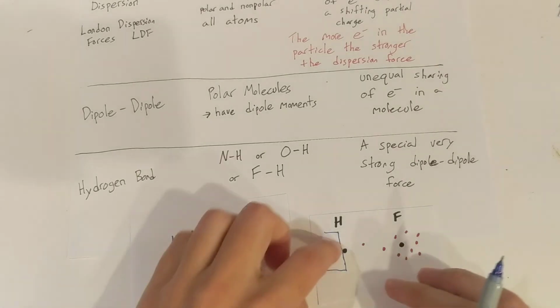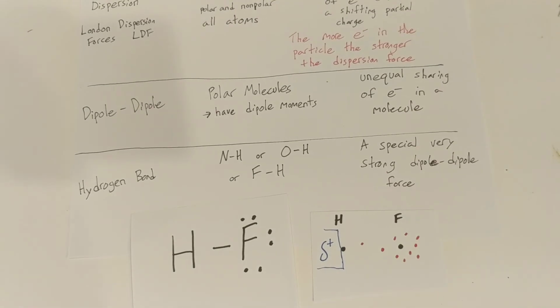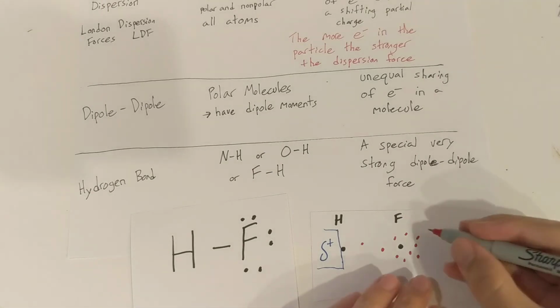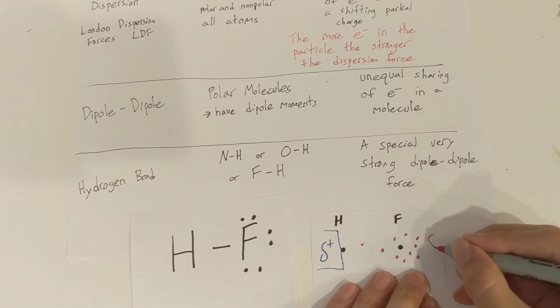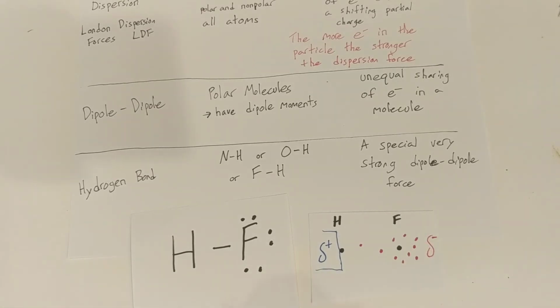So when you have no electrons on this side, you're going to have a very strong partial positive charge. And then to balance it out, because a molecule is neutral, we would have a very strong negative charge on that side. So these are just very, very strong partial charges here. Very, very strong dipole moment.